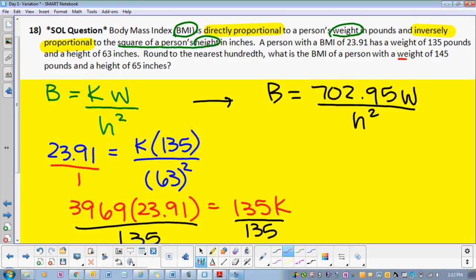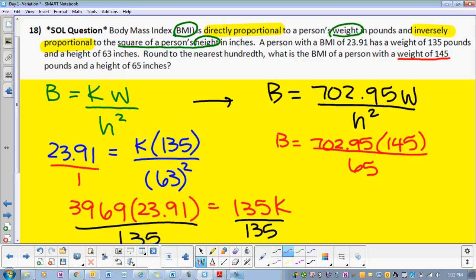What is the BMI of a person with a weight of 145? What's the height? 65 inches. 65 squared. So it says round to the nearest hundredth. 24.12.